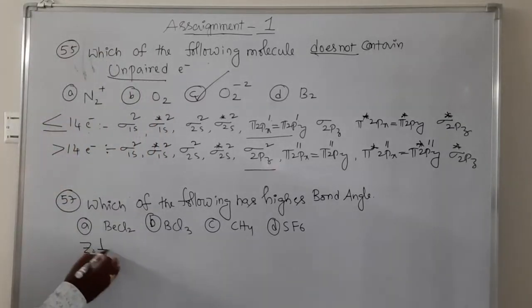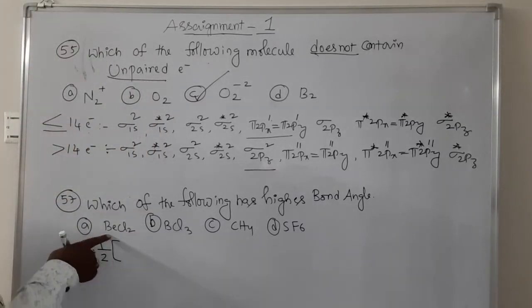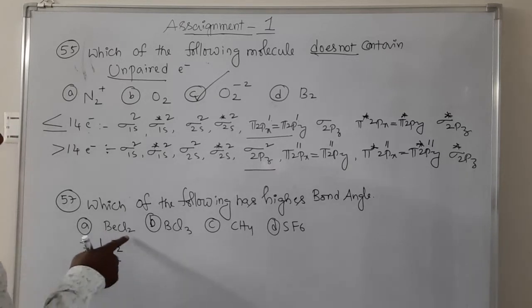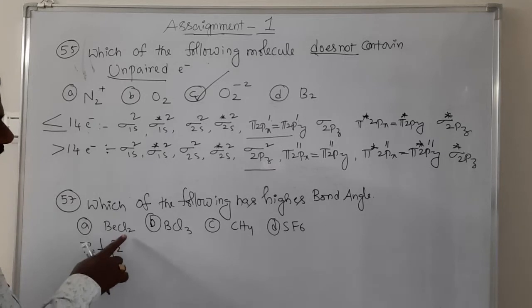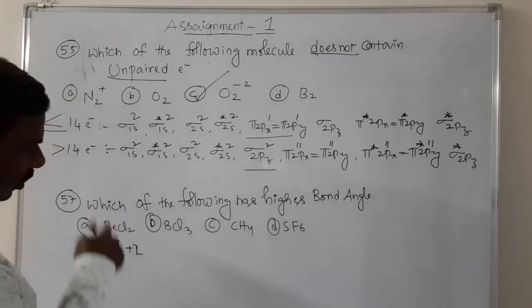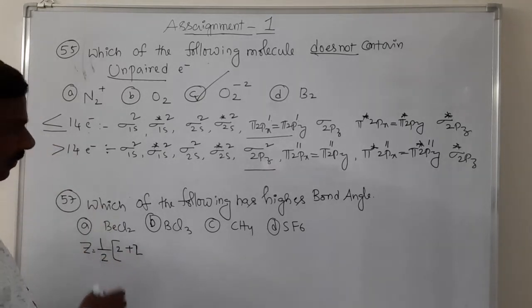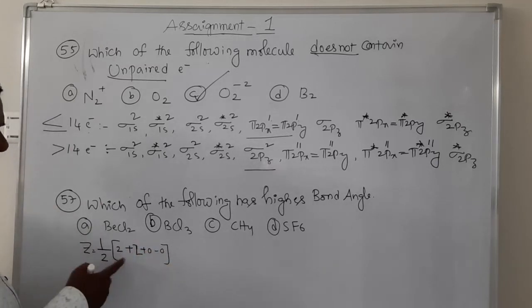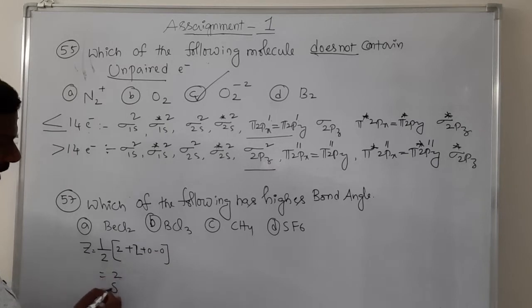For BeCl2, Z is equal to half into beryllium central atom valence electrons 2, plus 2 monovalent chlorine atoms, since chlorines are monovalent, valence 1 only. No positive charge, no negative charge. Then 2 you will get. Z equal to 2 means sp hybridization.